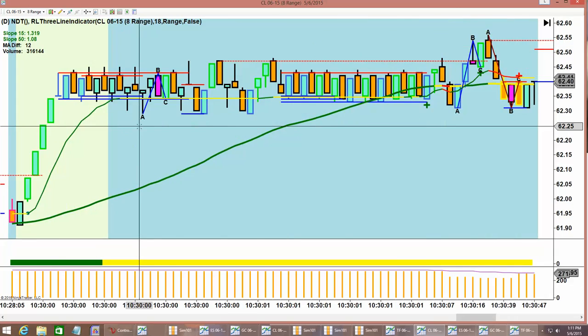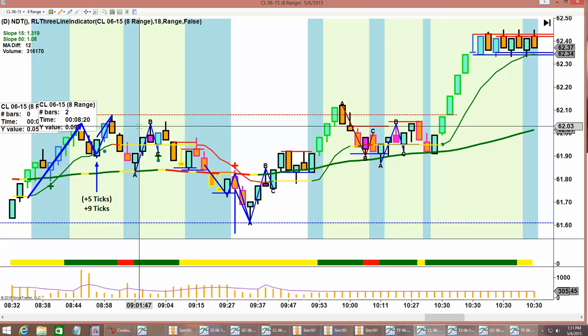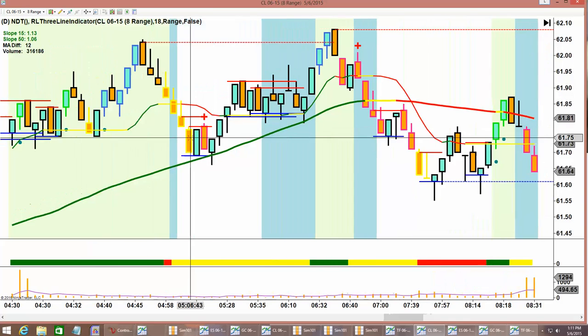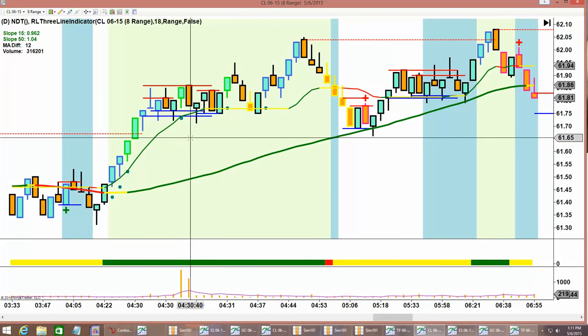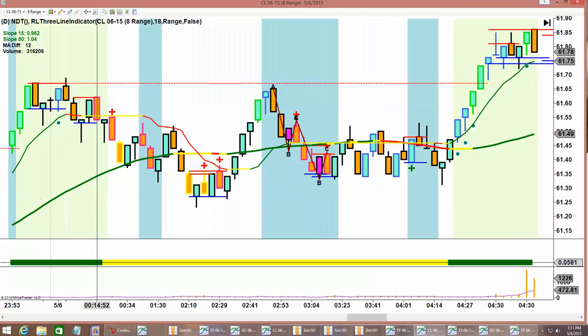Now, the quant line on crude is not as powerful as the dual quant lines on the ES and the dual quant lines on the Russell. They definitely increase the predictive value of the trade if you trade with them. But if the trade is otherwise perfect, you can trade a neutral quant line.